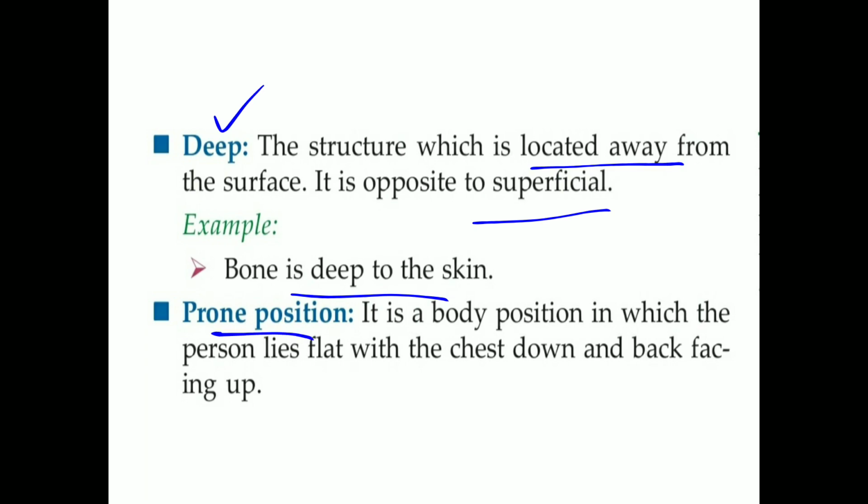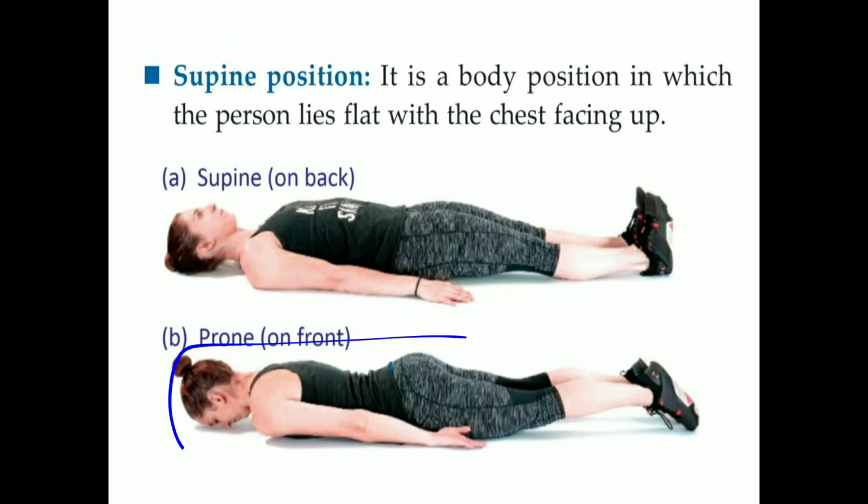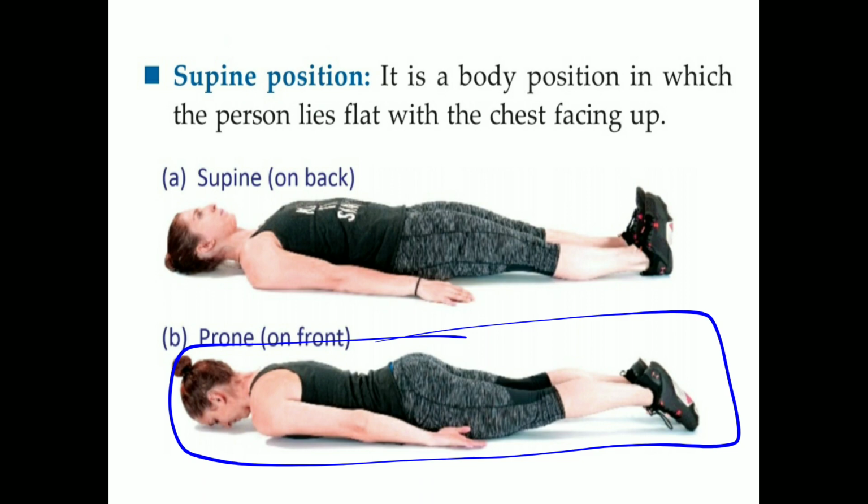Then prone position. Prone position is the body position in which a person lies flat with chest down and back facing up. You can see that here in the diagram. This is prone position.